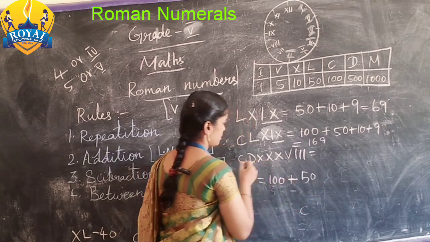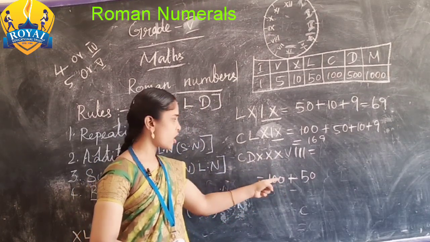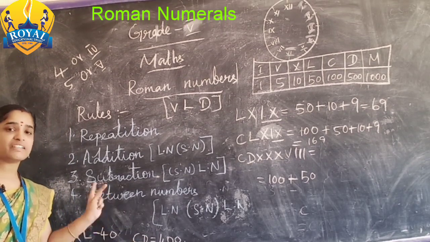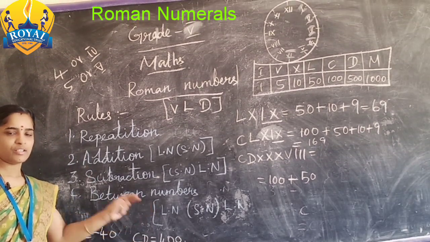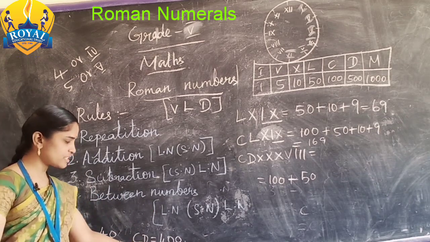Okay. The next one is CDXXXVIII. Is it correct? No, it is wrong? Because in CD, the smaller number to the left of the larger number is always subtracted from the larger number. So CD means 400.